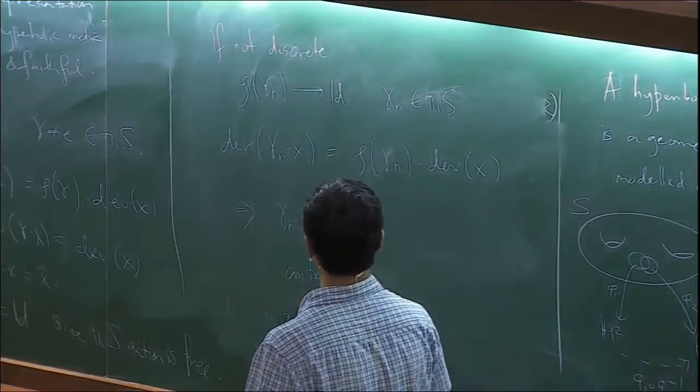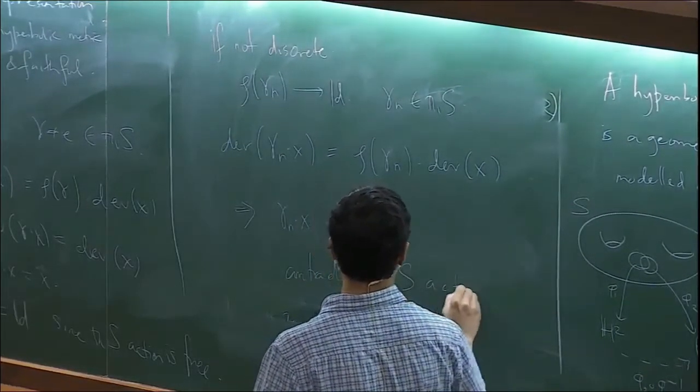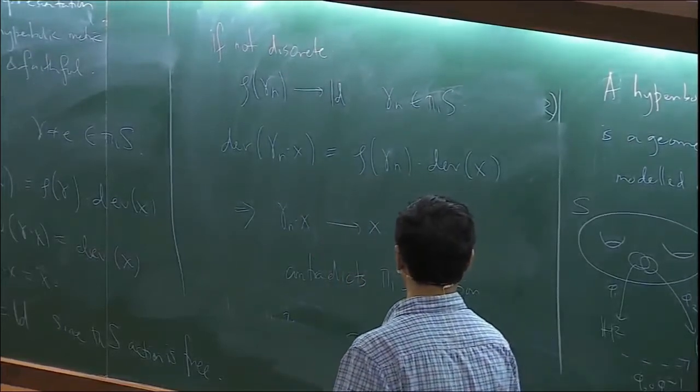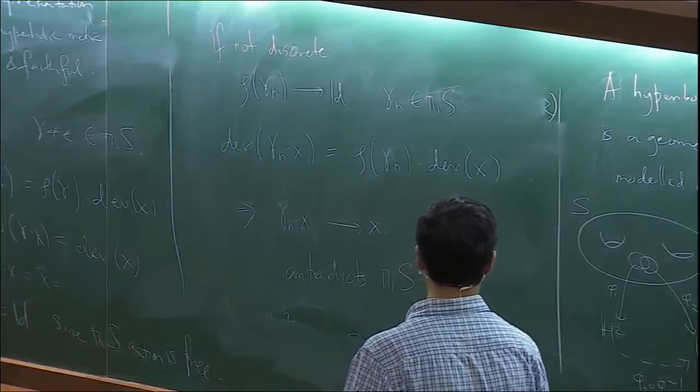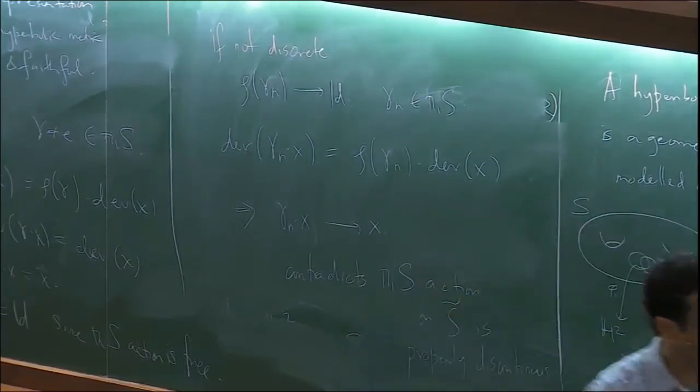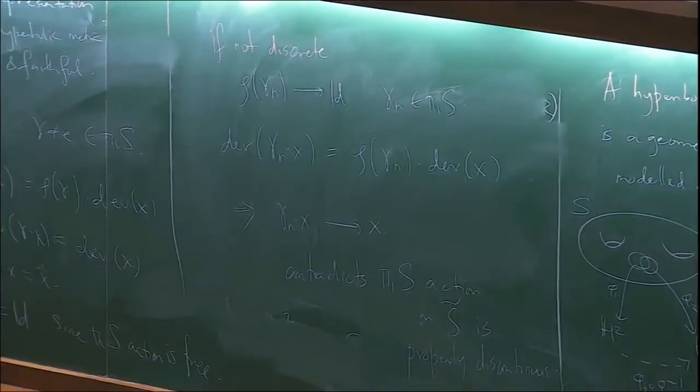So this contradicts that pi 1 of S action on S tilde is properly discontinuous. In other words, this developing map transports the pi 1 S action on the universal cover to the action of gamma over here, and so gamma must be acting properly discontinuously and freely, just like pi 1 S. So you indeed get a discrete and faithful representation.